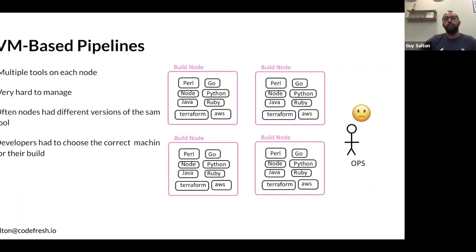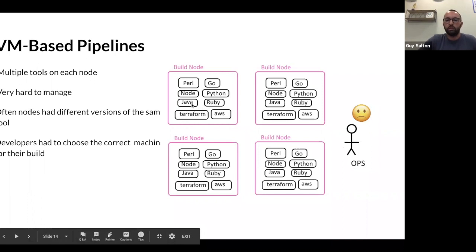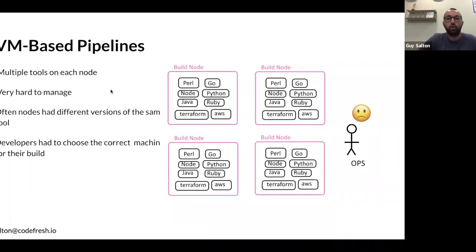Then you had a build farm with many slaves, sometimes 10, sometimes even 20 slaves. And these slaves are the build nodes that will run your pipelines. And as we mentioned, we have to make sure that we pre-install all the tools that we need on these slaves. And this makes the job of the operator pretty complex, because the operator has to go and install all these tools. He has to manage all these virtual machines. And sometimes nodes have different versions of the same tool.